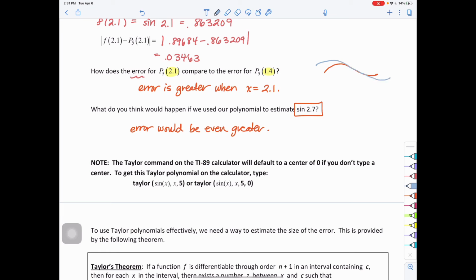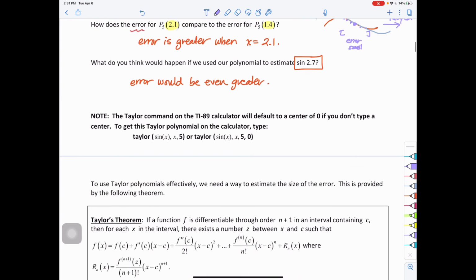And I don't know if I drew them correctly, but when we are closer in here in this area and we are using our graphs to approximate, the error is small. But as we move away from this center, the error grows. Okay? So that is of significance as we move forward.